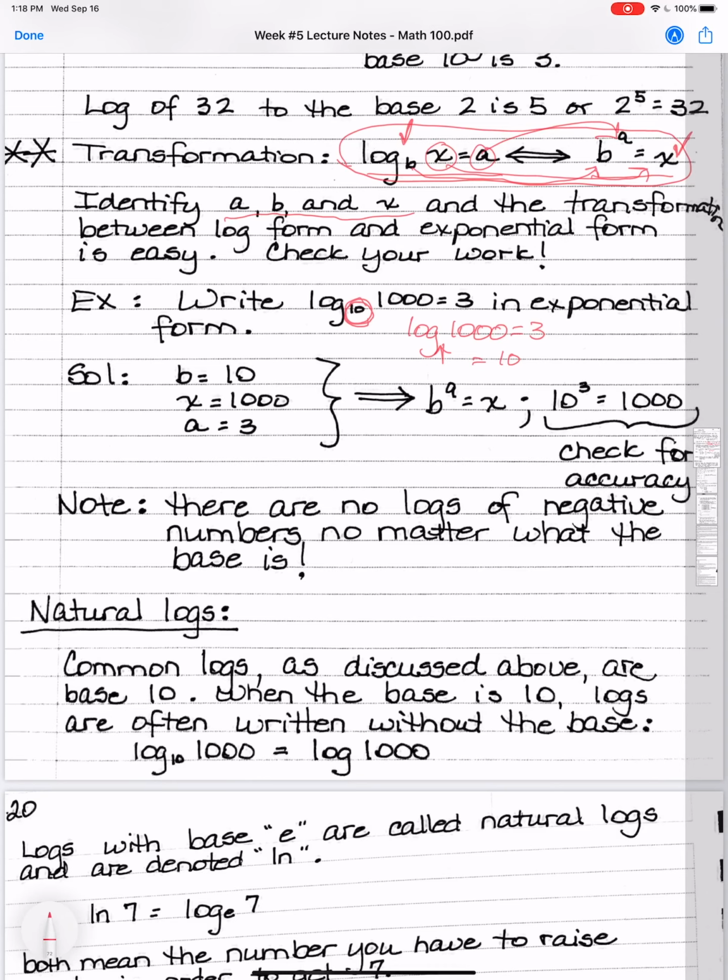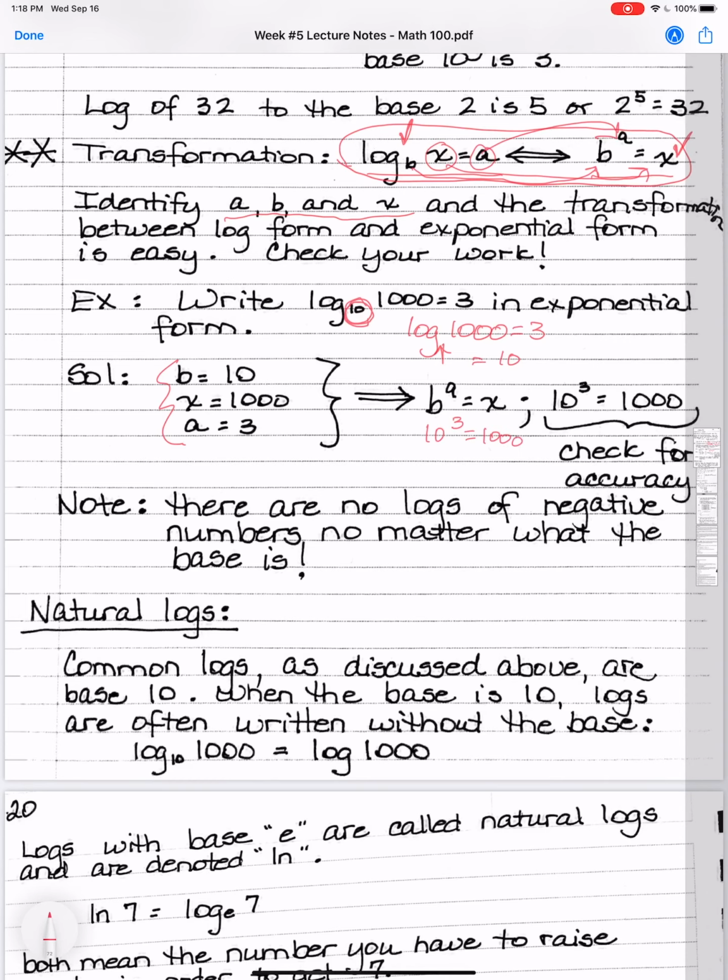But oftentimes, if you are going to use base 10 for logarithms, it will not be written. But I included it here so you could see how to find your b, x, and a. So b in this problem is the base, which is 10, x is 1,000, and a is 3. So if we want to write that in exponent form, it is going to be 10 cubed equals 1,000.